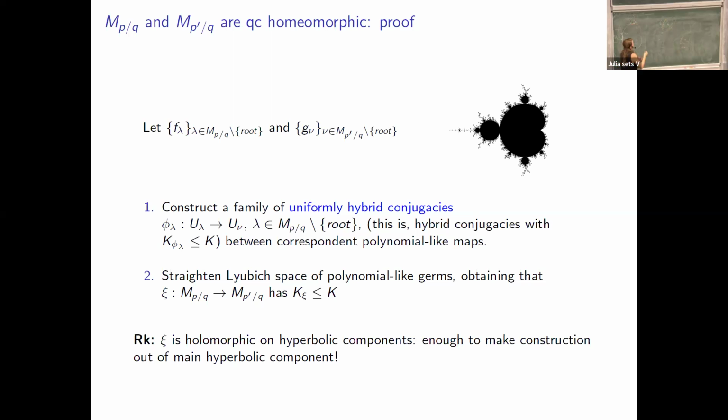And my F lambda is hybrid equivalent to, well, if I'm in the center, I'm hybrid equivalent to the center, which is zeta goes to zeta square. And here I have the same, which is this.